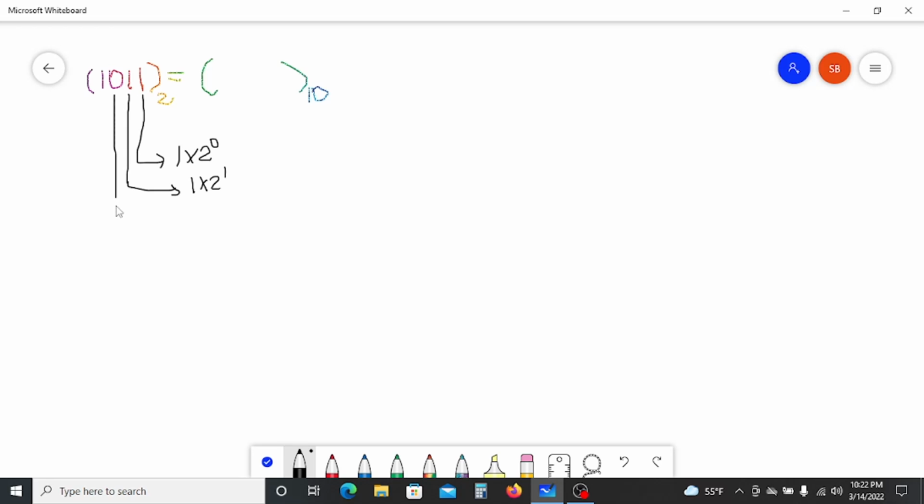The third one, we know it will give you 0, but just in case, let's not ignore it and write everything: 0 times 2 to the 2. This is the fourth digit. That's going to be 1 times 2 to the 3.